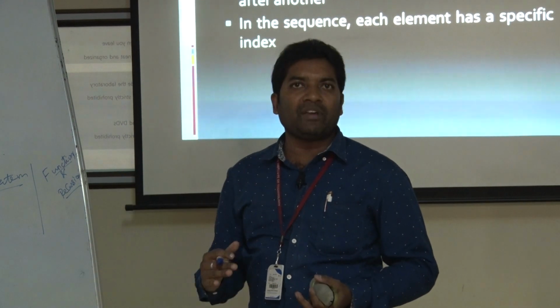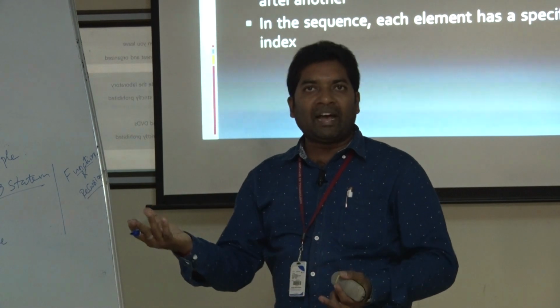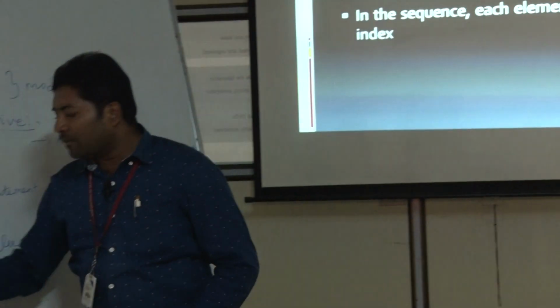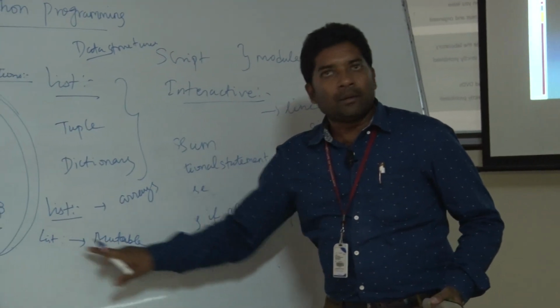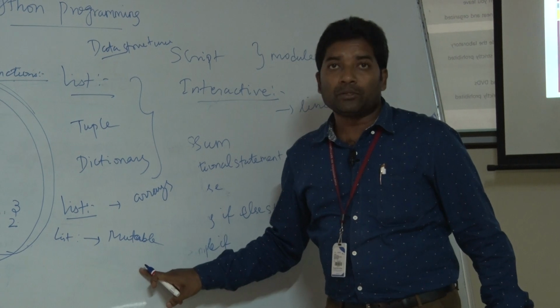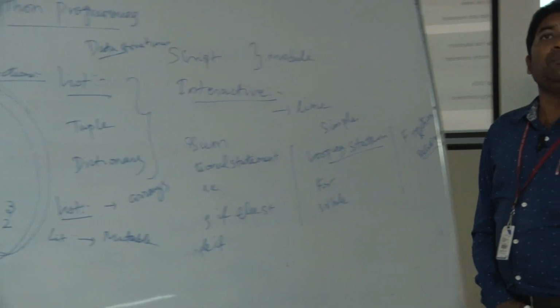So based on our input we can change the value and variable. So it's a dynamic part. So we can change the values in a list, but we cannot change the values once declared in a tuple. So that is the difference. A tuple is non-mutable, whereas a list is mutable.